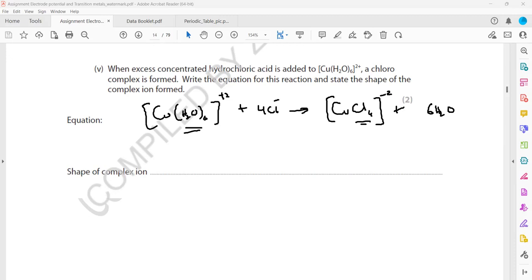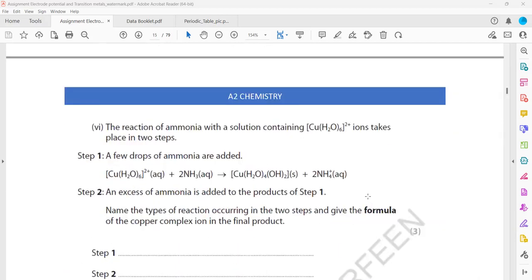You can mention square planar as well, but usually it is tetrahedral. For copper, usually with chlorine it is square planar, but here tetrahedral is also allowed. If it was a platinum complex, then it would be square planar only.